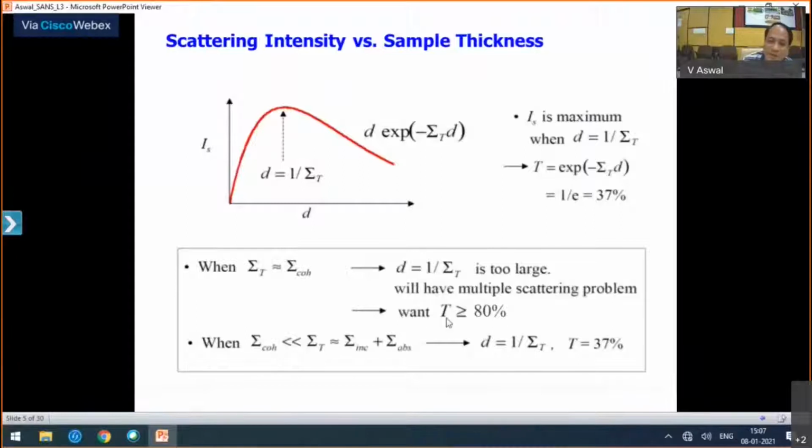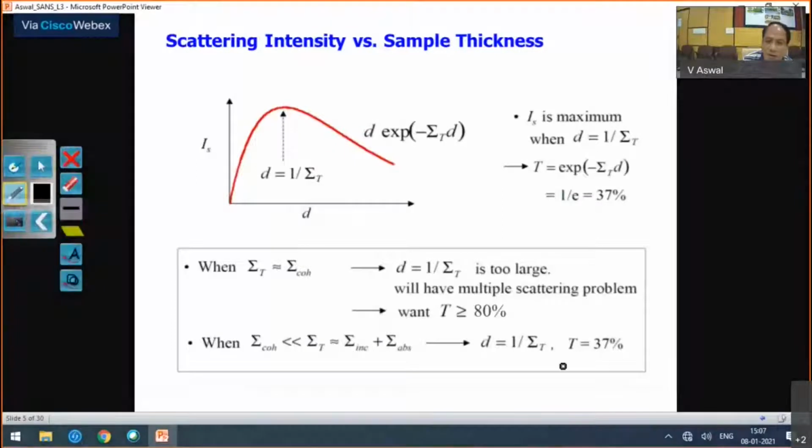So in that case, you should be looking for a transmission which is 80% or higher, to avoid multiple scattering. So if you are sure that there is no absorption and no incoherent scattering from the sample, what is advisable, to avoid multiple scattering, is that your transmission should be greater than 80%.